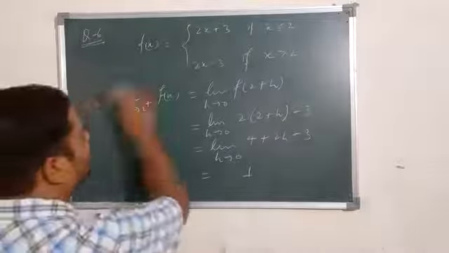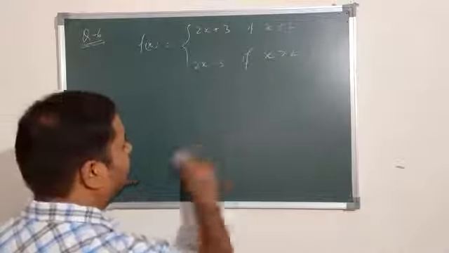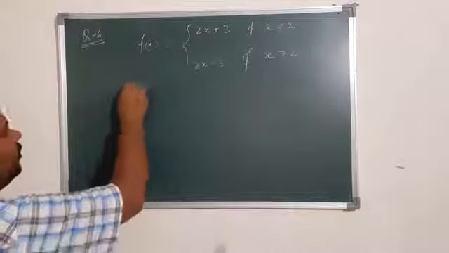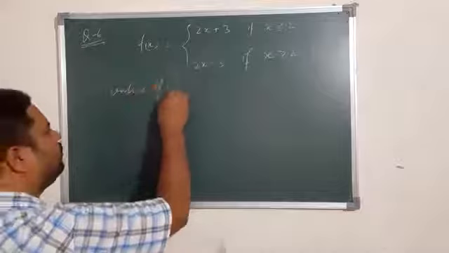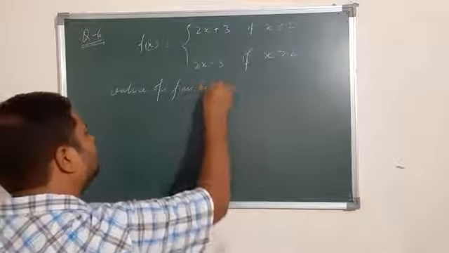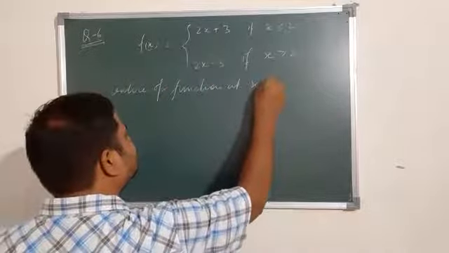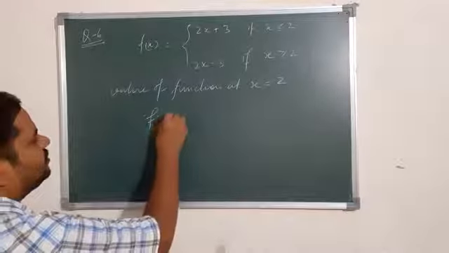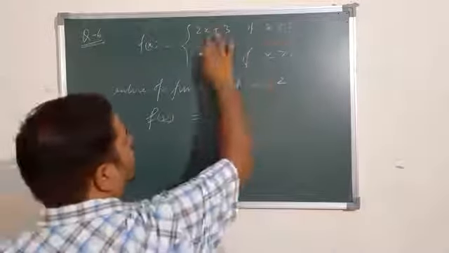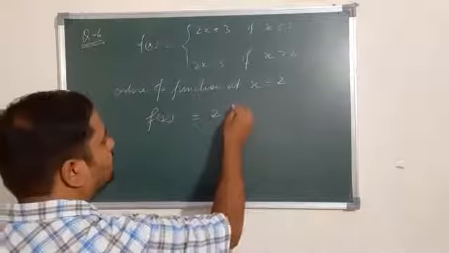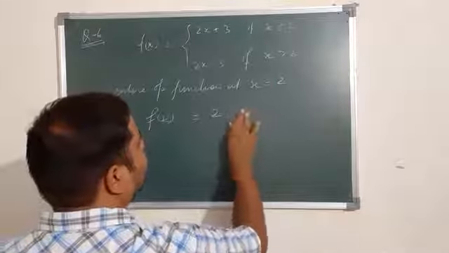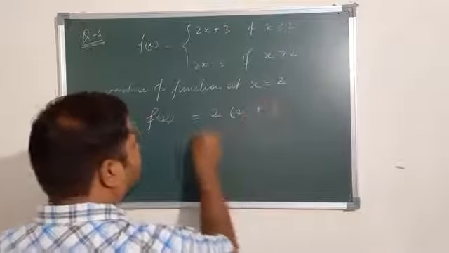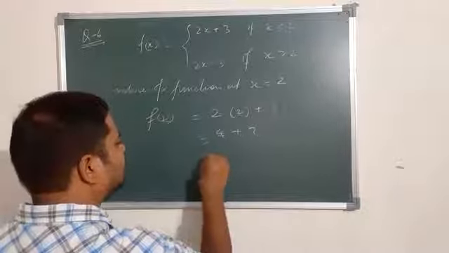Now the value of the function at x is equal to 2. We have f(2), and at x is equal to 2 the value of the function is 2x plus 3, 2 into 2 plus 3, 4 plus 3, this is 7.